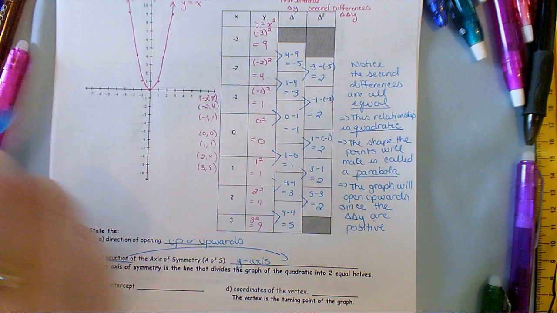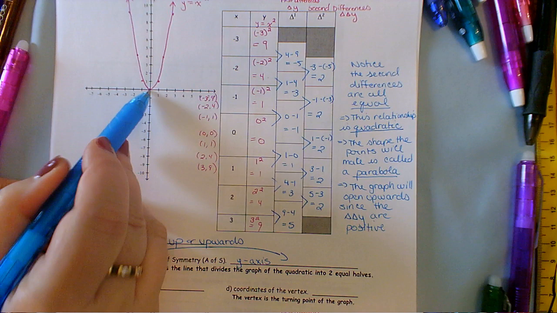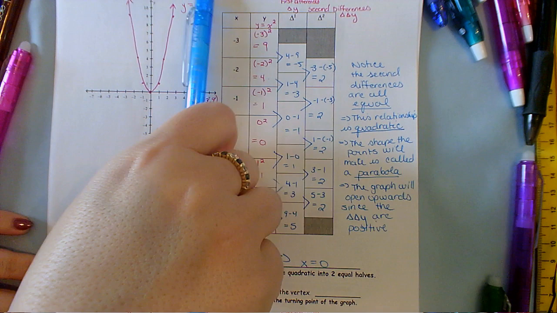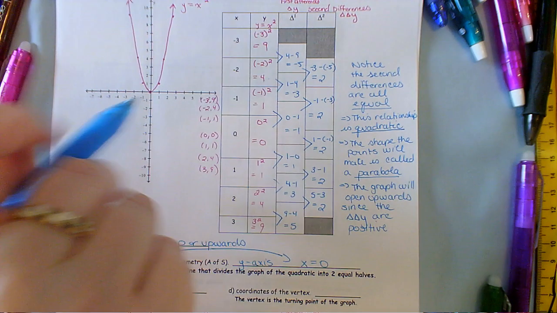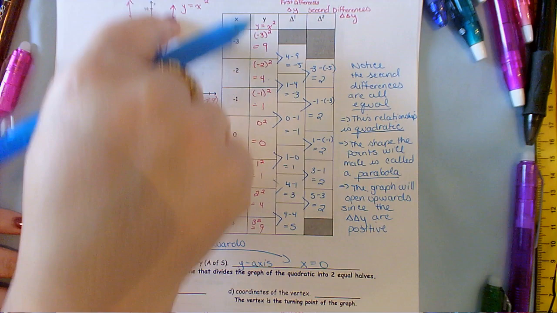So x equals whatever number it happens to be touching at. Well, x equals 0 is the name of the axis of symmetry, the y-axis in this case. So again, vertical lines start with x equals, and they're named after whatever number the line touches through on the x-axis. So x equals 1 if it was posted over here, x equals 2 if it came down through here, x equals 3 if it came down through there.